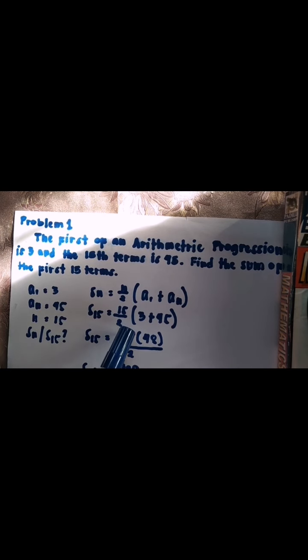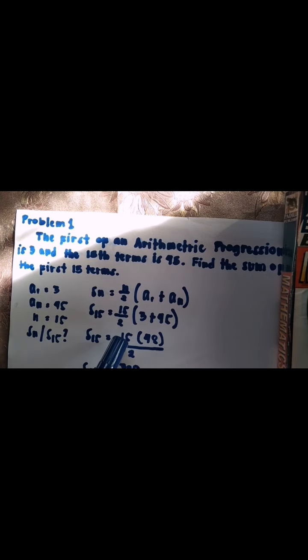In these values, we add: 3 plus 45 becomes 48, over 2.